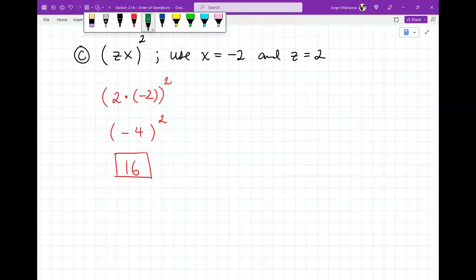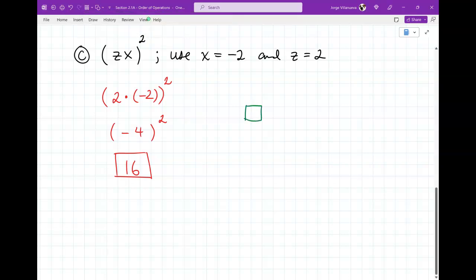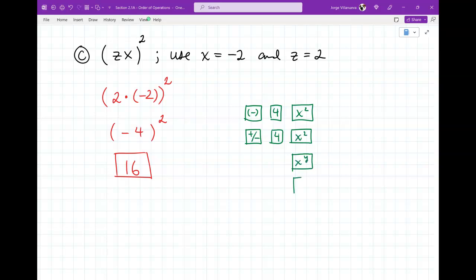If you go on your calculator and you press this button, which it might look like this for you, or maybe it looks like this for your negatives, right? If you press that button, and then you type in your 4, and then most of you guys have a button that says x squared, which means you're going to square it. If not, maybe you have a button that looks like this, x to the y, or maybe a caret symbol.